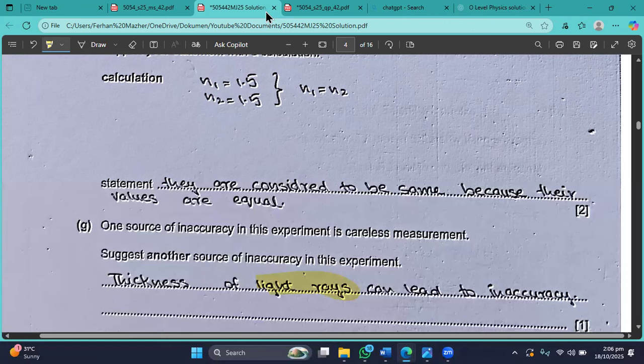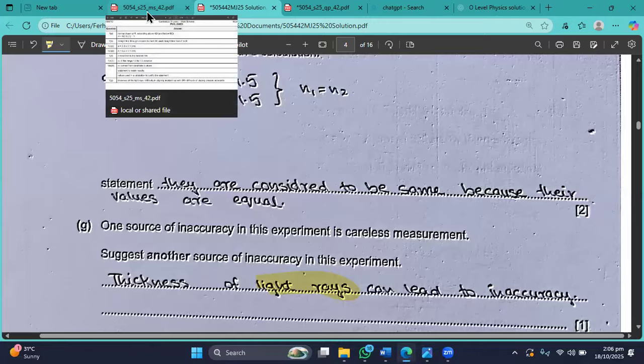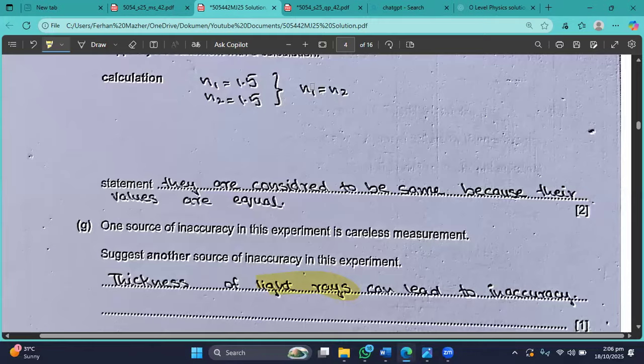The student might not put crosses in the center of that ray. He might put them on one side, or on the other side, because the light ray is thick. So I also personally think that the pencil can also be a source of inaccuracy. Whenever we work on the experiments of light, we always tell our students that the pencils must be very, very sharp.